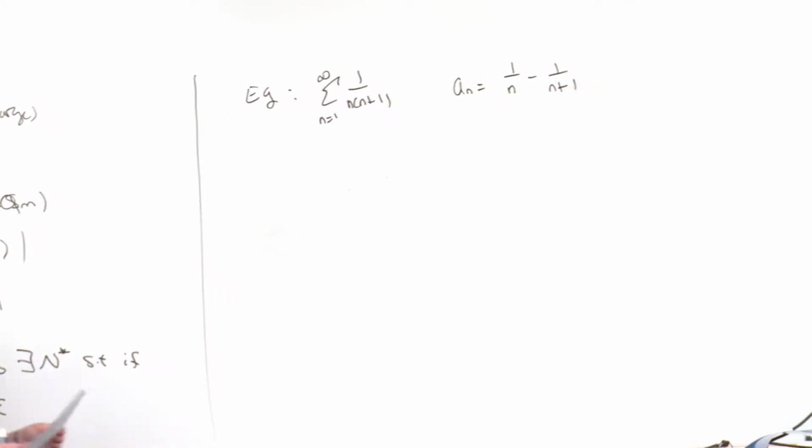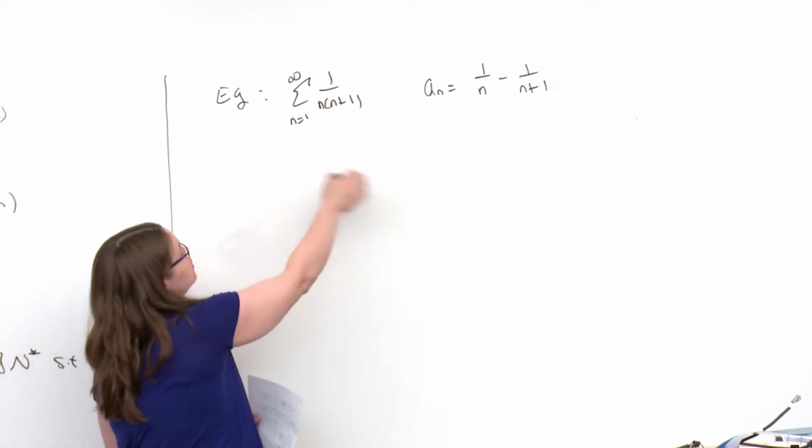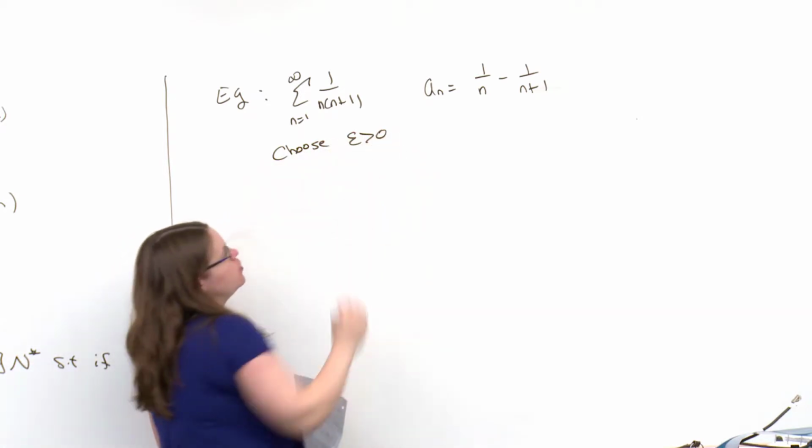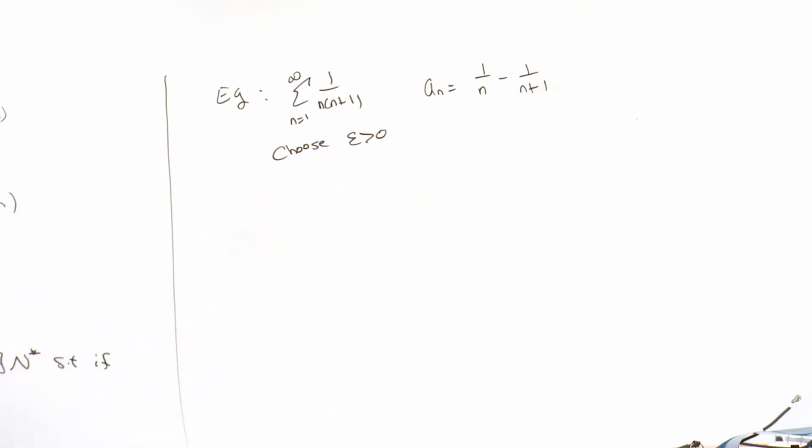Okay, and now we want to check the Cauchy criterion. So to check the Cauchy criterion, we need to choose some epsilon bigger than 0. It's always the first line. Okay, and then we need to pick an m and an n. Our goal is to find an n star. We're not sure yet how big these have to be. That's what we need to work out.